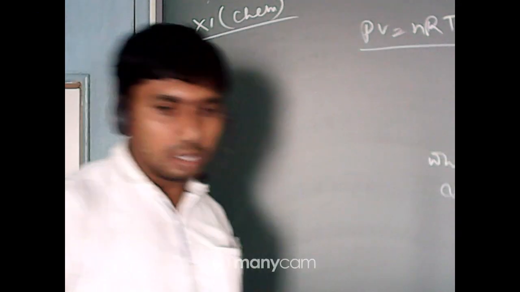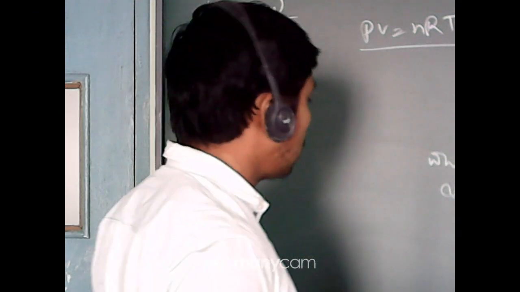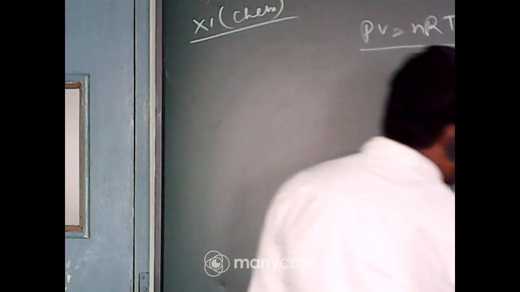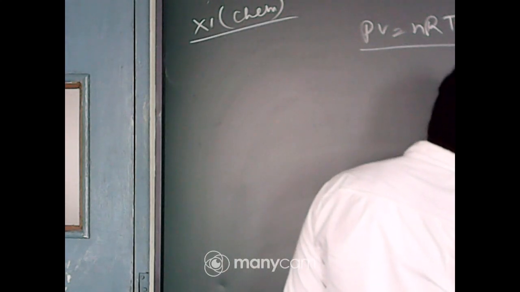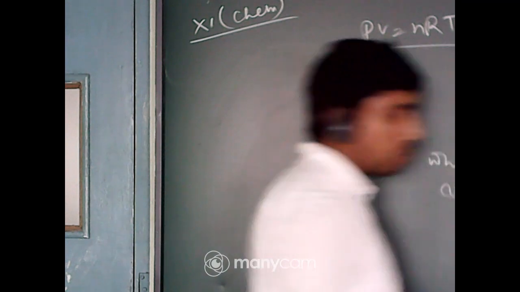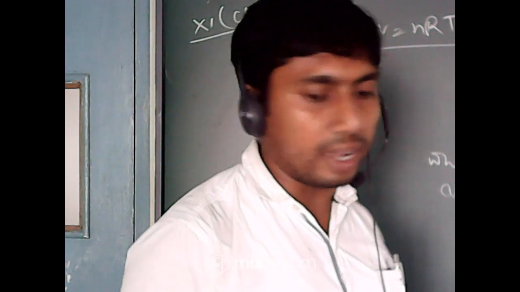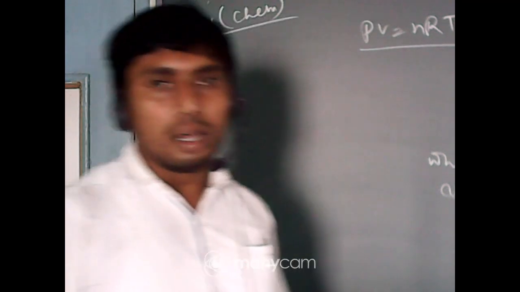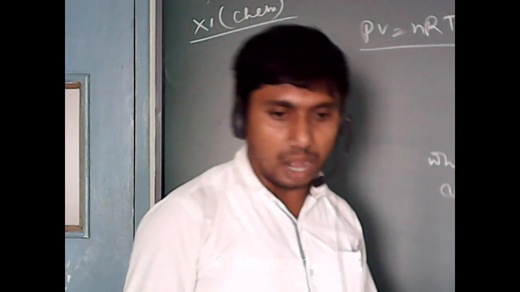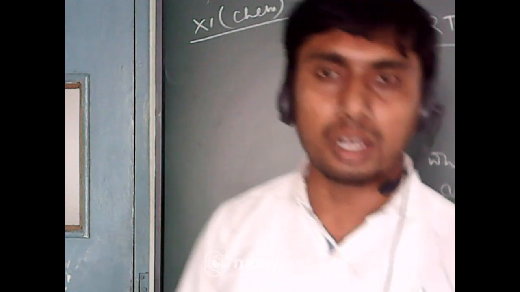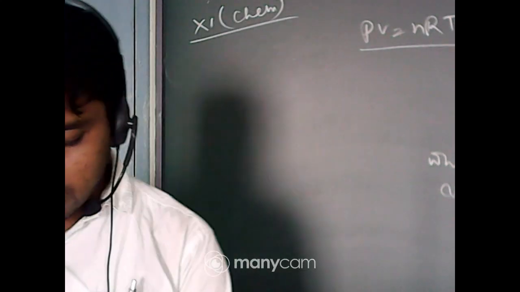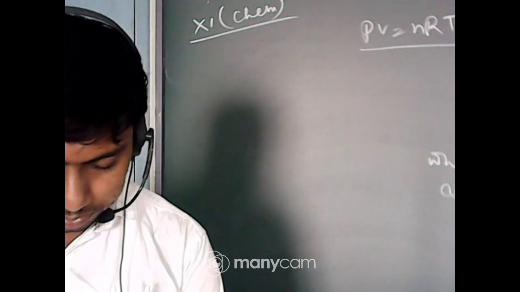Now K4 was later on replaced by R. R is the proportionality constant, and it is well known that it is the universal gas constant, having a value which is constant for every gas.